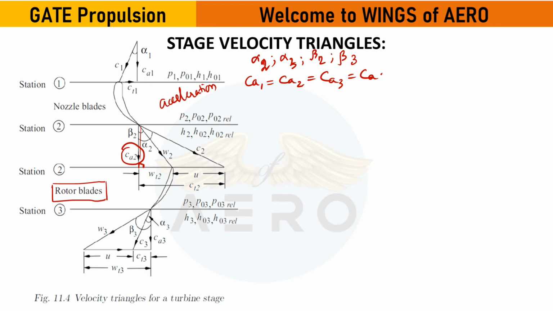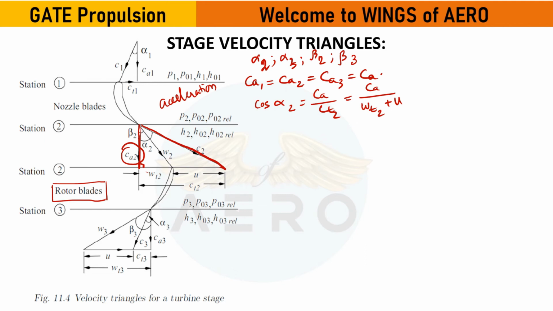Now let's take the first triangle, this one. How can I find it using Ca? Using Ca I can use cos. Let's take cos alpha 2. The cos means base by hypotenuse, right? So base is Ca, hypotenuse is C2. Before that, can I write Ct2 as Wt2 plus U?